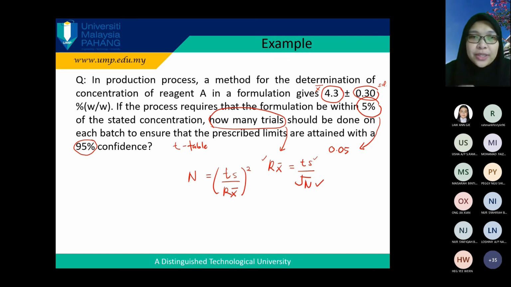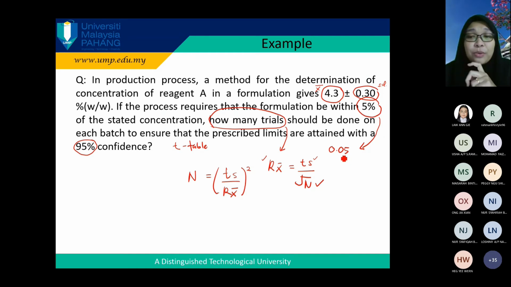Okay, so no question. First, when you get this kind of question, read carefully, determine which one is mean, which one is standard deviation, which one is the relative standard deviation, and remember relative standard deviation, if given in percentage, you need to use the value 0.05.